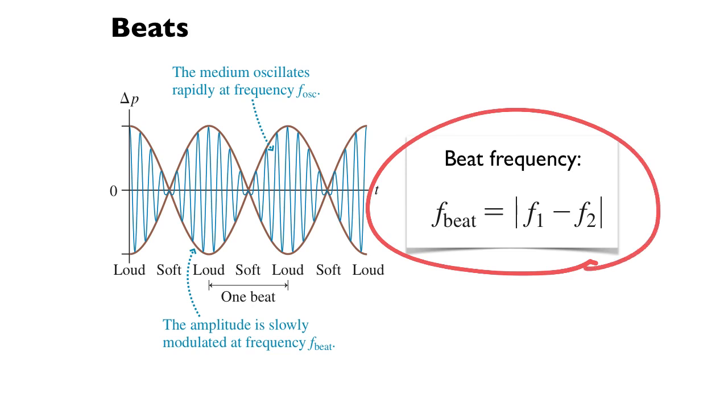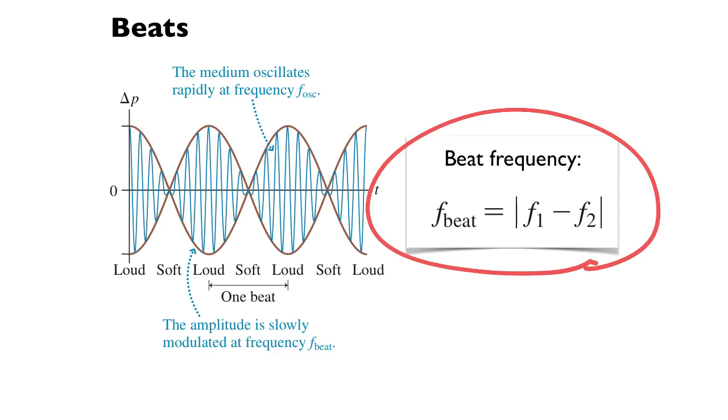This is discussed in the textbook. And this is really important for a lot of detections of reflected waves. For instance, in class, we talked about ultrasound, and you bounce ultrasound off things. When the ultrasound comes back, the frequency is going to be shifted if the thing that it bounces off is moving.